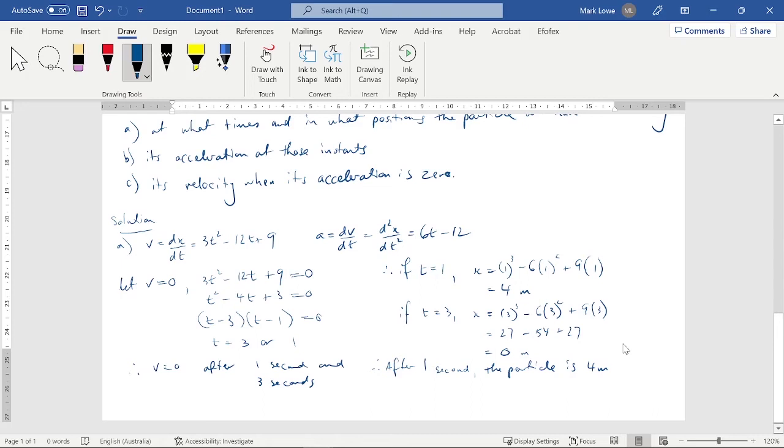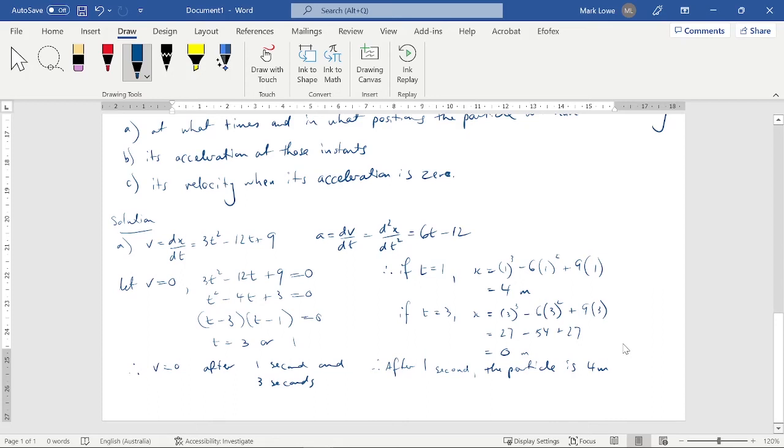So we've got a positive value for our position of 4 meters. So it's 4 meters from the origin, its starting point. But we know with a cubic it goes up and down, and it could conceivably be on different sides of the origin. It's not necessarily starting at this point and moving in one direction only. It could be moving backwards and forwards. It might even go past the origin.